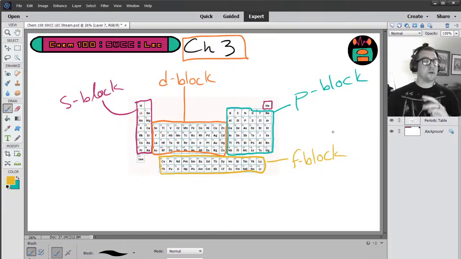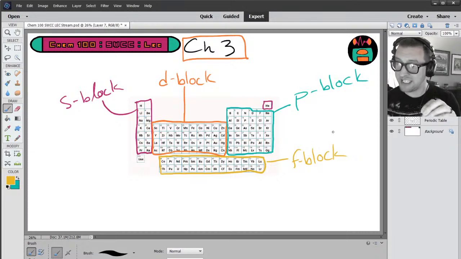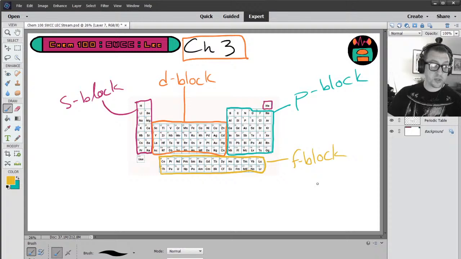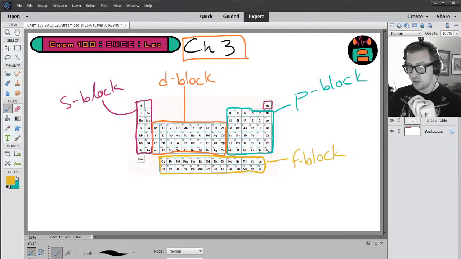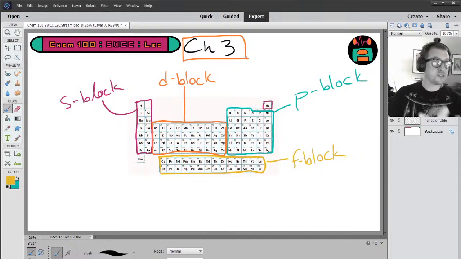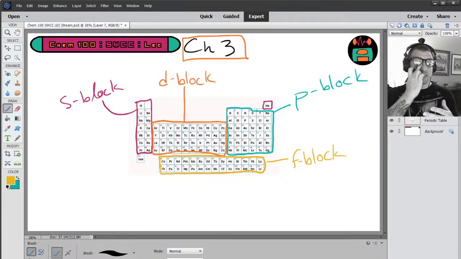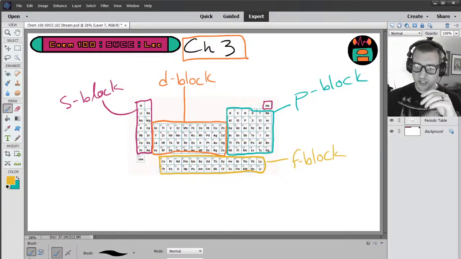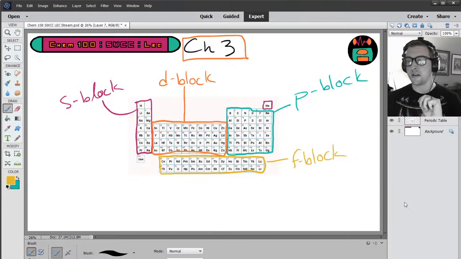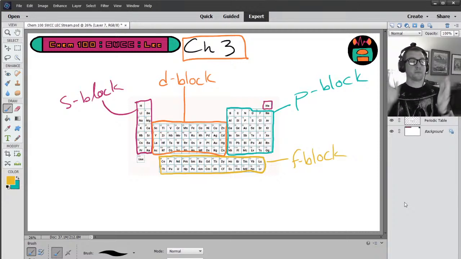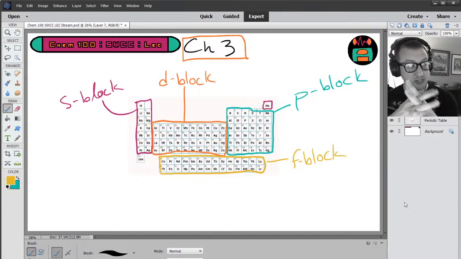All right, so we will be using this way of looking at the periodic table a ton when we get to electron configurations, which will be relatively soon. Okay, so these ways of looking at the periodic table are more to orient you, so you know what I'm talking about when I talk about groups versus periods, metals versus non-metals, or main group elements, transition metals, or specific blocks, S block, D block, P block especially.